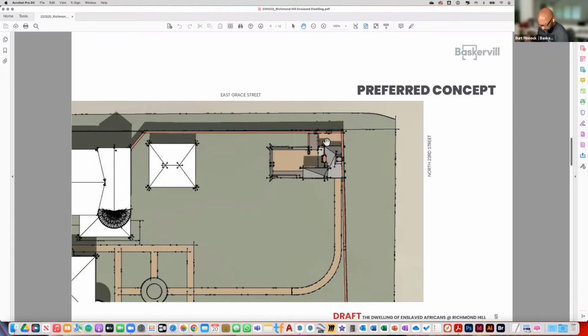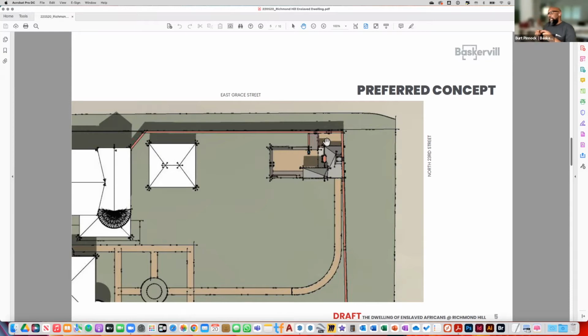We were involved in another project in Loudoun County, Virginia, with the Arcola slave quarters, which is a stone building, and it's really striking. And there are not many stone quarters that still remain.